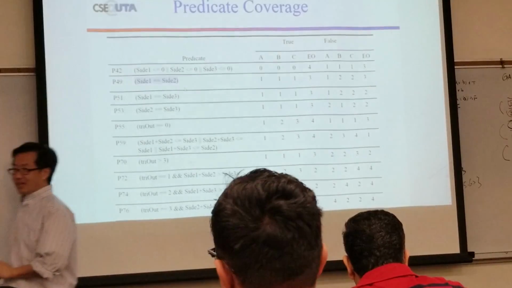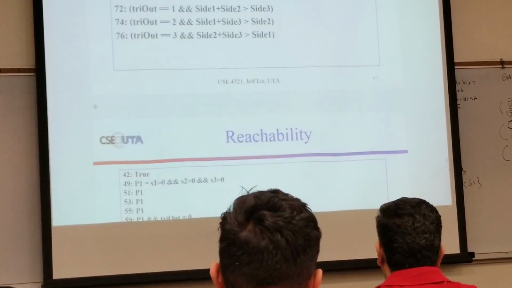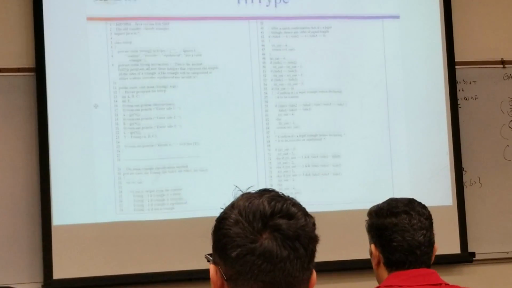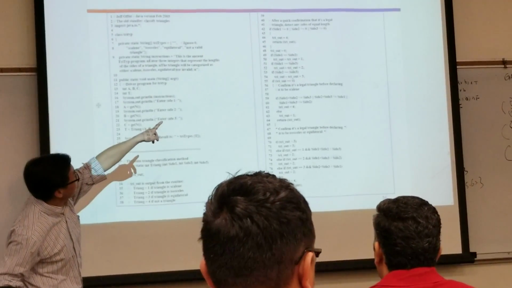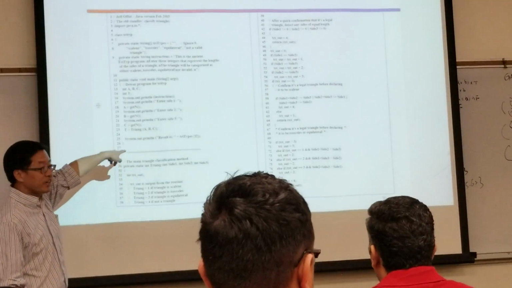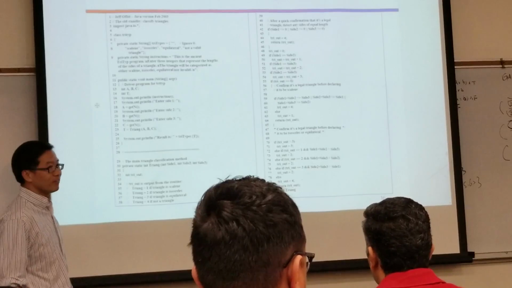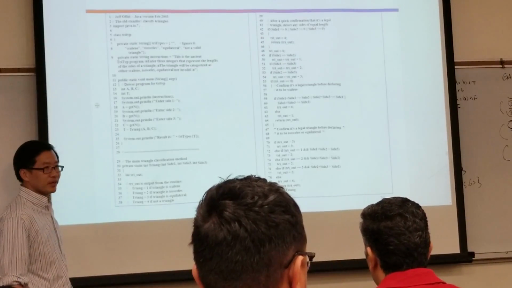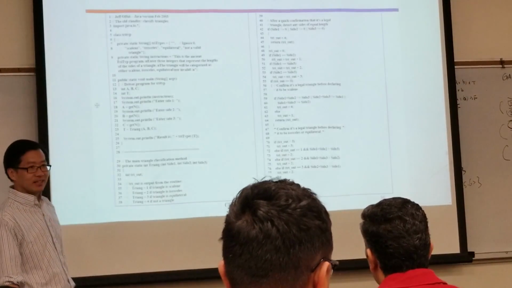If you look at program 49, if you want to test 49 and you give -1, -1, 1, what happens? We get to 42. It's going to return. You're not going to come to 49.